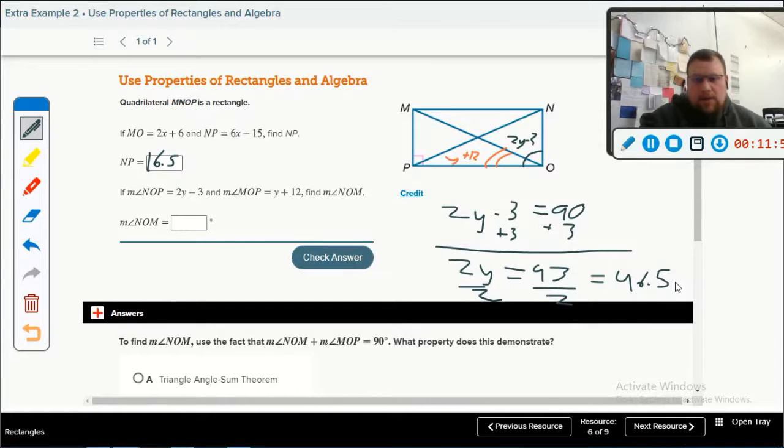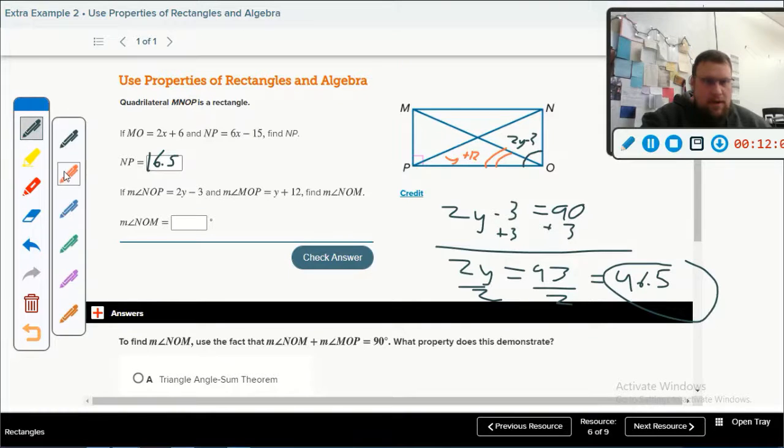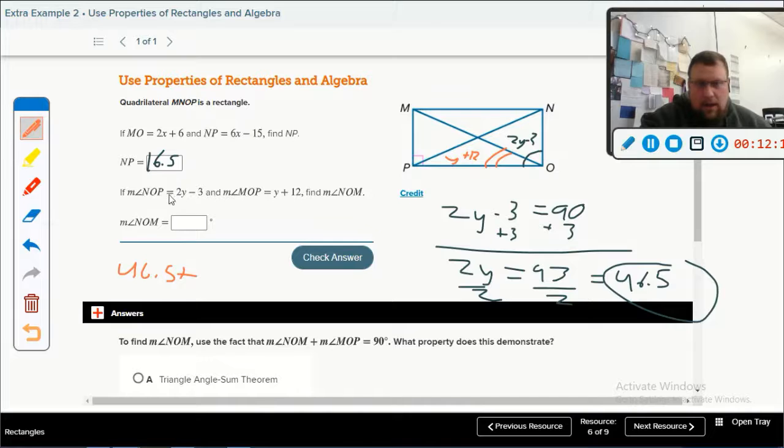Okay, so if that's what y equals, let's plug that back in to y plus 12. I'm going to have 46.5 plus 12, so I'm plugging it in because I know that angle MOP, which is this angle right here, is going to be 46.5 plus, what does it tell us, plus 12, which is just what, 58.5?